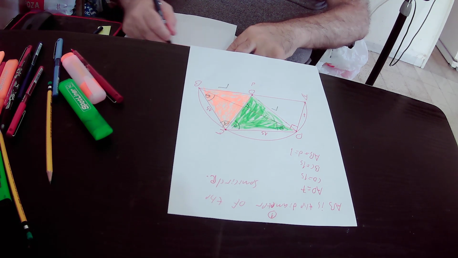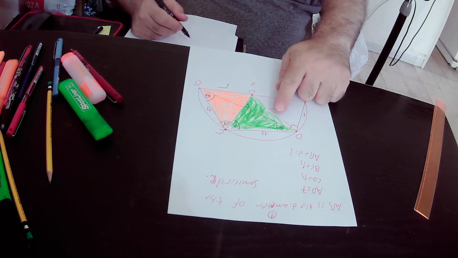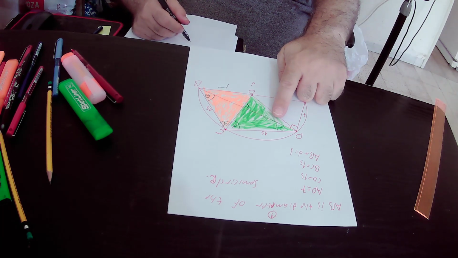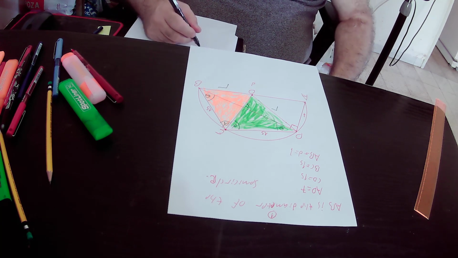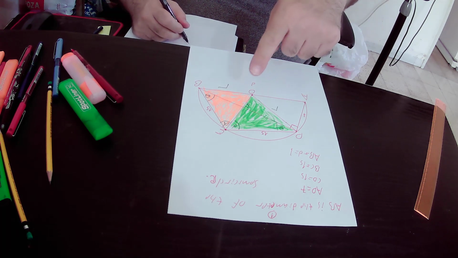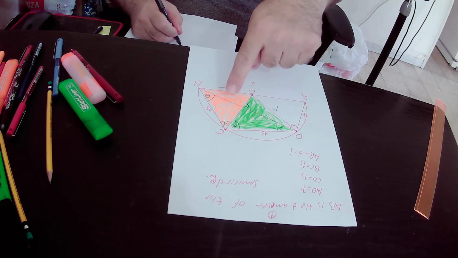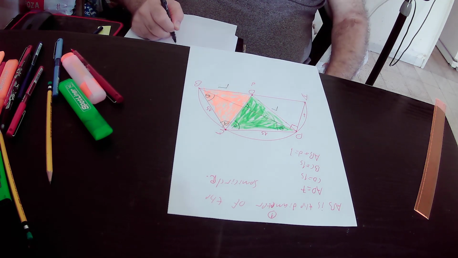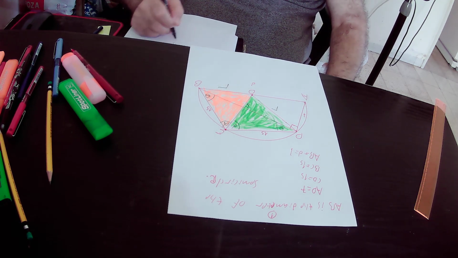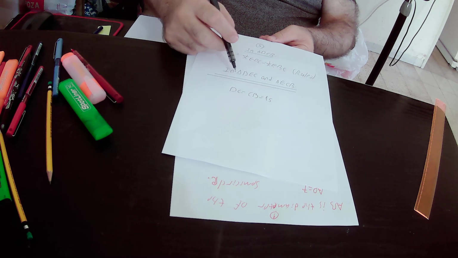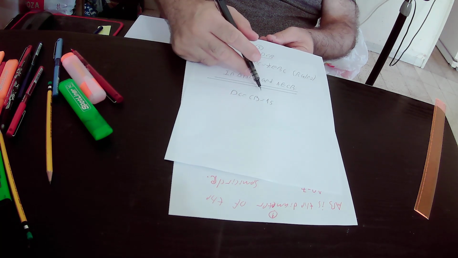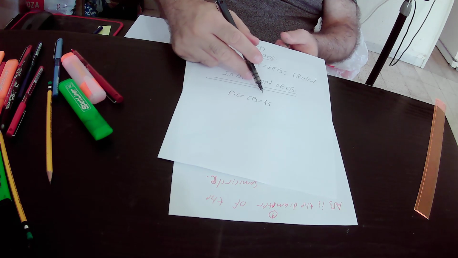On those two triangles, side DC of the green triangle equals side CB of the orange triangle. Both of those two sides are equal to 15 units.